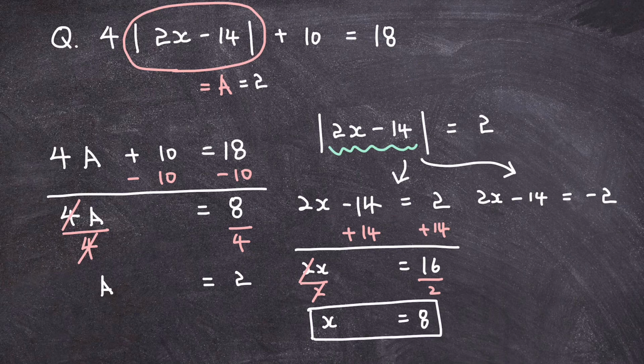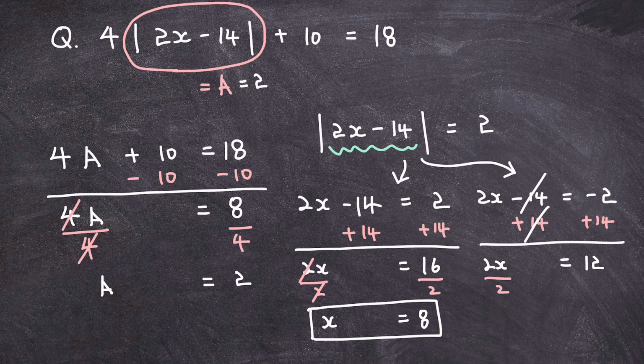And I'm going to move to the right equation and solve for x as well. I'm going to add 14 to both sides, cancel that integer term, and say that 2x is equal to negative 2 plus 14, which is equal to positive 12.